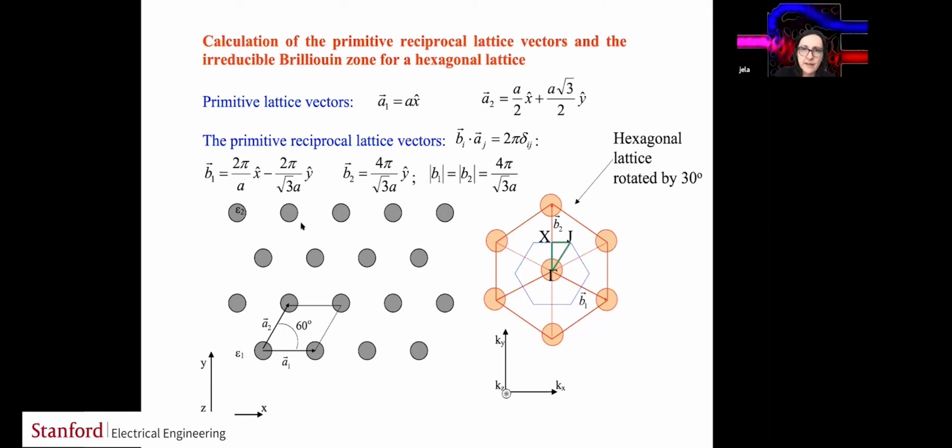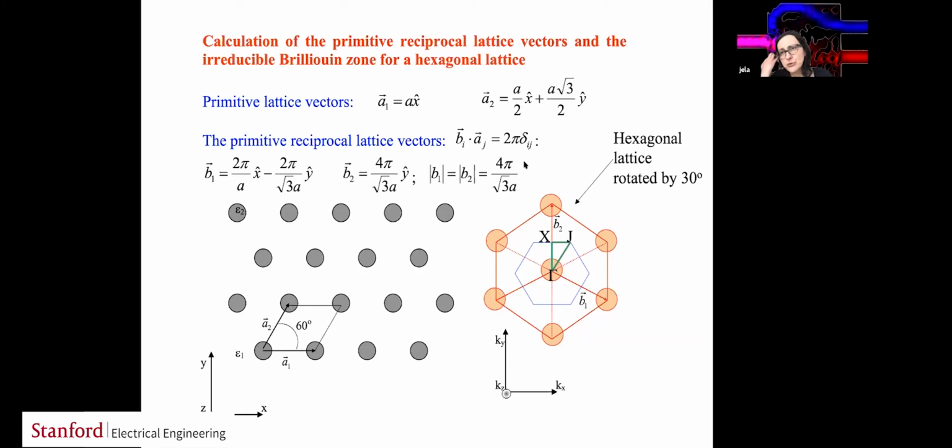And if you do that, I mean, you already know the directions are constrained. It's very simple trigonometry because this is a 60 degree angle, right? If I pick B2 so that it goes here along the ky axis, it's orthogonal to A1, and the inner product with A2 would be the product of their lengths times the cosine of 30 degrees that you have in between. So you have to play a little bit with trigonometry, but it's very simple to show.